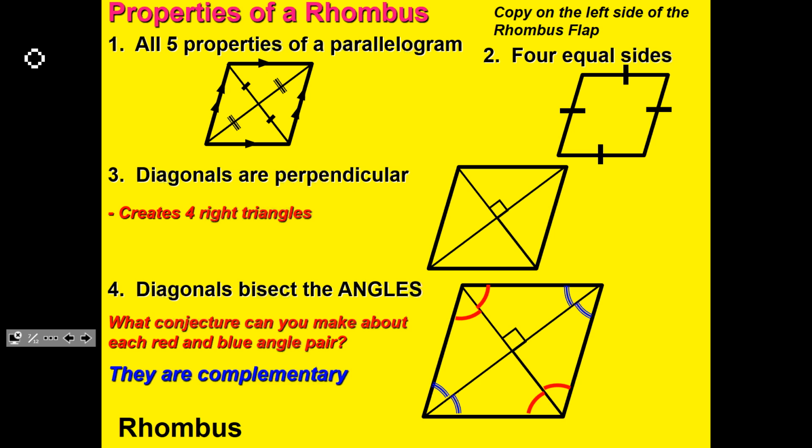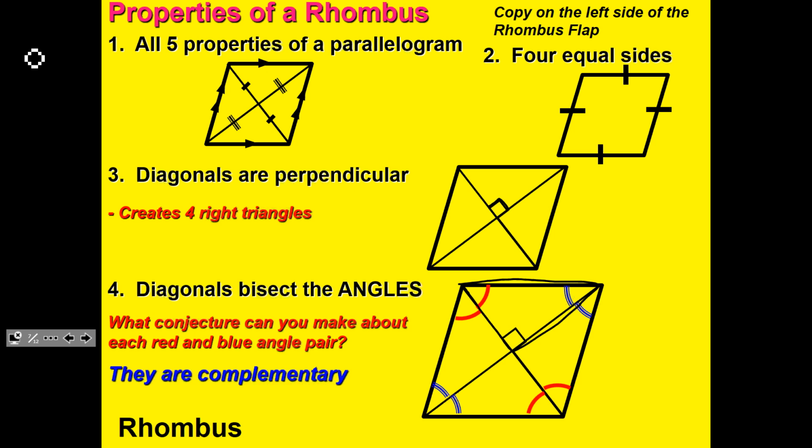What we should also take away is that these are going to be complementary, right? Because we said that every single one of these has a 90-degree angle here, right? So within the top half here, I have a right triangle. Well, if 90 degrees of the triangle is already taken up, how much should be left? 90. For them to split between these two angles.